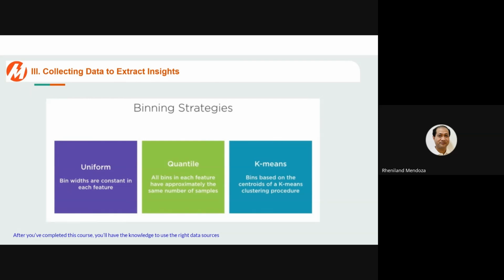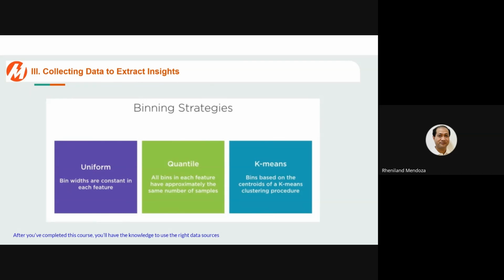Now you can also choose to bin your continuous data using quantiles. Here is where all bins in each feature will have approximately the same number of samples or data points. There's also a third strategy in which you can choose to apply some kind of clustering technique to your data and bin your data based on the centroids of a k-means clustering procedure.